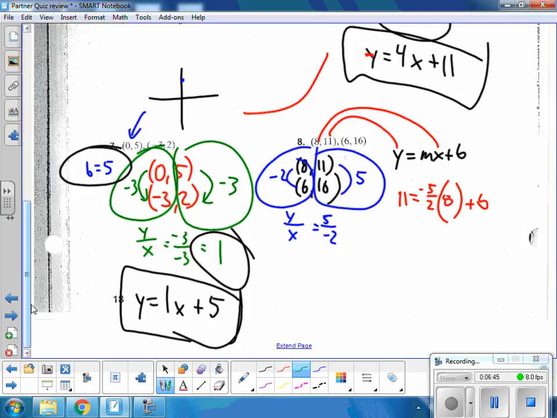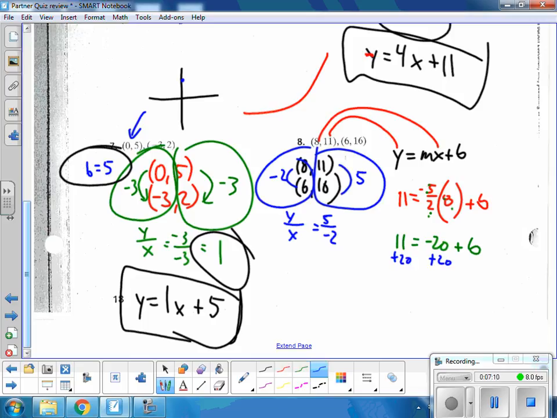I can do this a couple different ways. I can do 8 times 5 divided by 2, or I do it the other way, 8 divided by 2 times 5. I tend to like that. So 8 divided by 2 is 4. 4 times 5 is 20, so it's -20 plus b. And now I'm going to undo that -20.